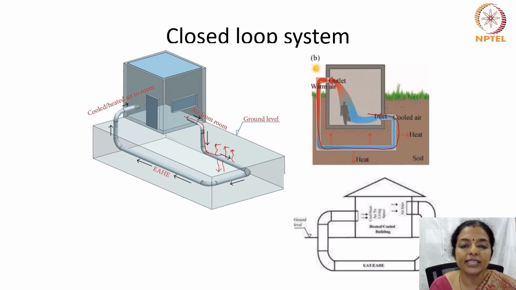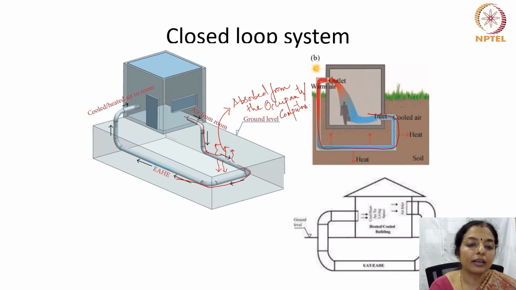What heat is this? This is the heat that it has absorbed from the occupants or the apparatus like computers or some other machines that this room may have. In that process, the earth makes this air cooler, and this air flows back to the room.